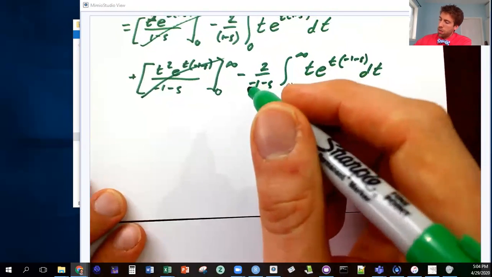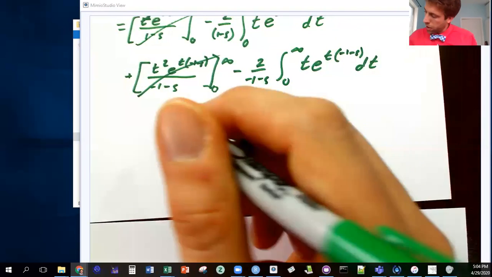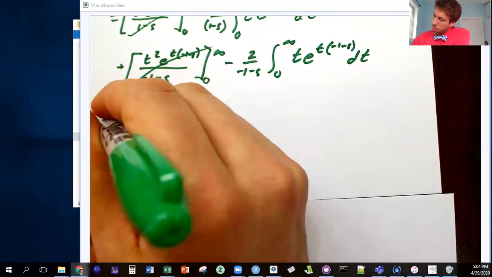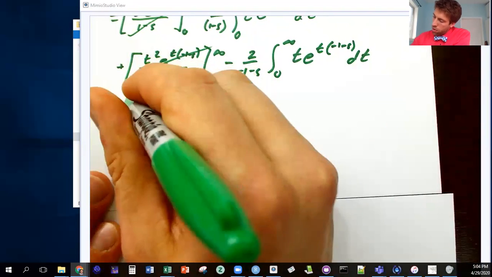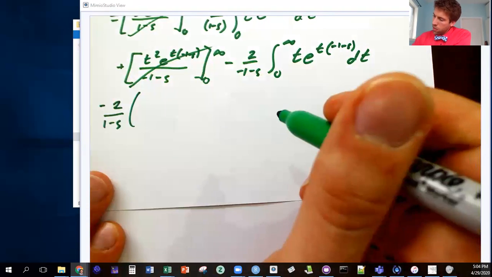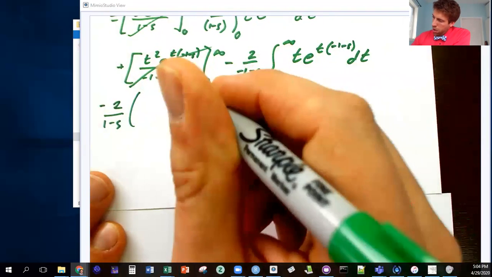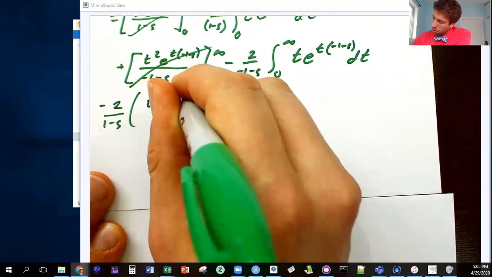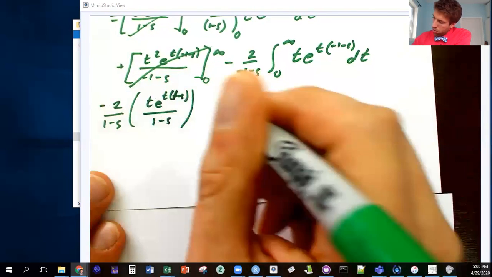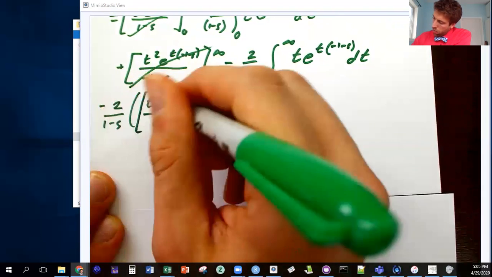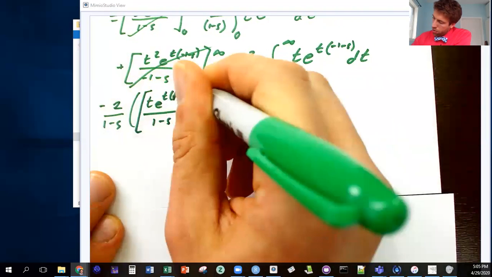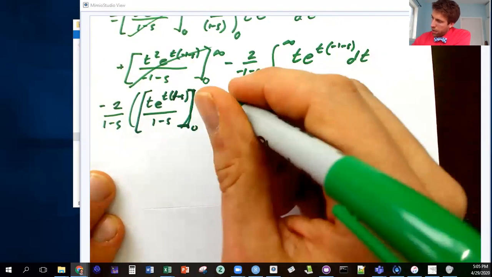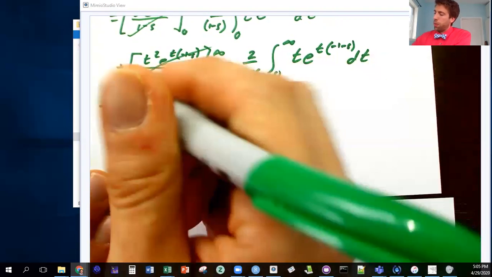So then I get negative 2 over 1 minus s times, let me restart this line.